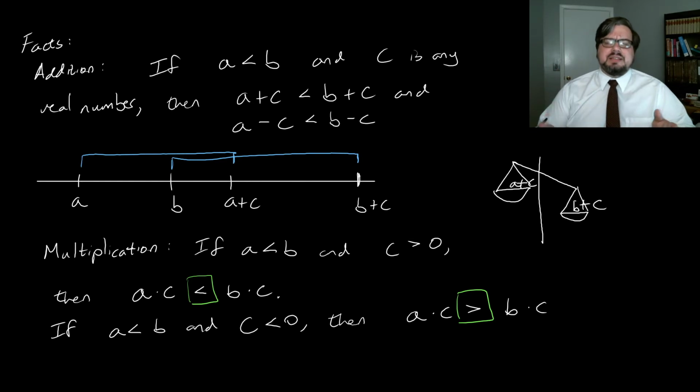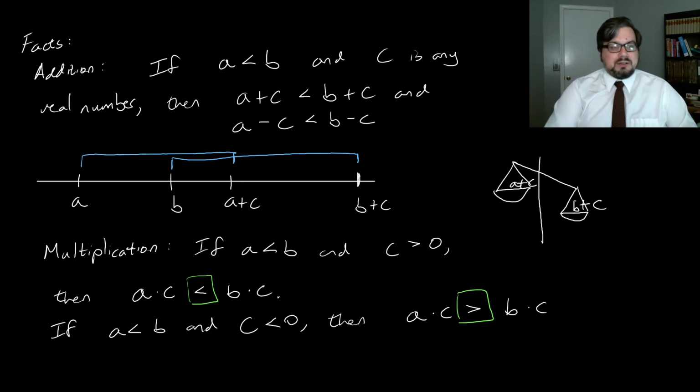This obviously isn't a possibility when you're working with equalities, because equality is what we call symmetric. Saying that A equals B is the same as saying B equals A. But the inequalities are non-symmetric. A less than B means something very different than B is less than A. And so we have to pay close attention to what happens to the inequalities.